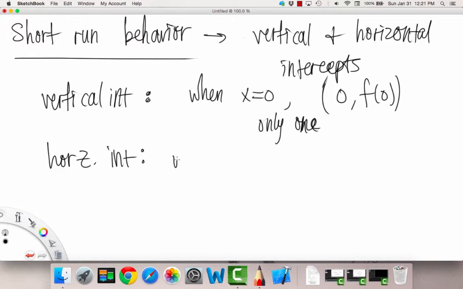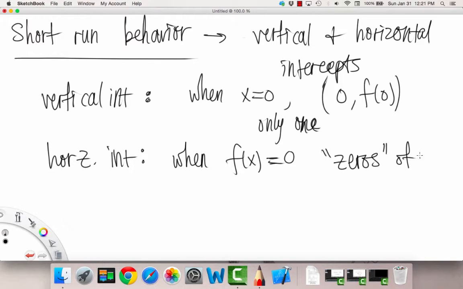And then for the horizontal intercept, this is when our f of x is equal to 0. These are also called, for self-explanatory reasons, zeros of a function, just because the function equals 0 at those points. So we could have a comma 0, b comma 0, etc. You could have more than one horizontal intercept.